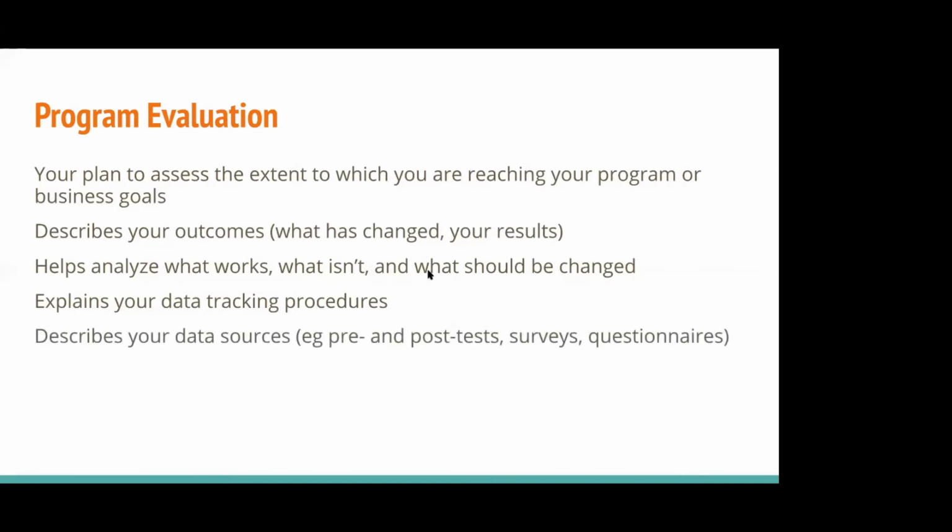In this section, you're going to talk about your data sources. Now, this may have nothing to do with you as a business, but sometimes you might see a funder say, we would like you to develop surveys for your customers, or questionnaires, or do what's called pre-testing or post-testing. What this all means is these are concrete ways of getting feedback from people on what you're doing. You may not have to do this, but it may be a good thing to keep in mind: how can I survey people?